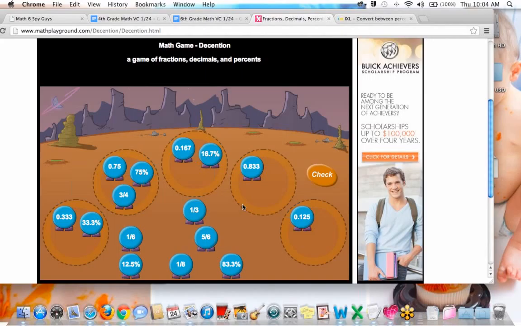Let's do the hard part at the end. Okay, so this one's pretty simple. 83.3%. Whoops, sorry. I just gave you the answer. 0.833 is 83.3%. And then 0.125 is just 12.5%.